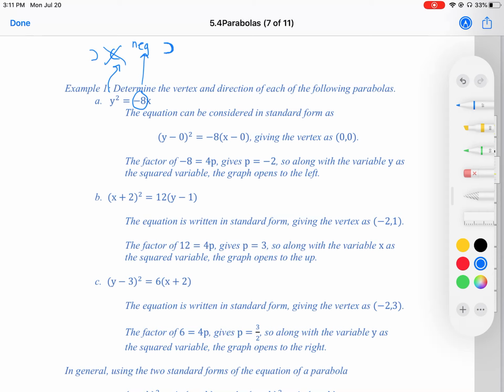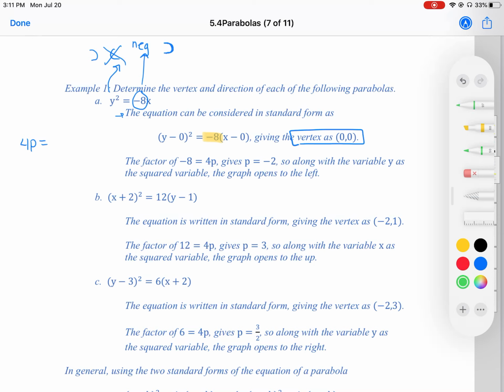All right. The equation can be considered in standard form as such, so therefore our vertex would be 0, 0, because we're not subtracting anything within parentheses. And then we need to figure out that p-value. We always take that number from the side not being squared and divide it by 4, because from our standard formula, it's 4p equals that number.